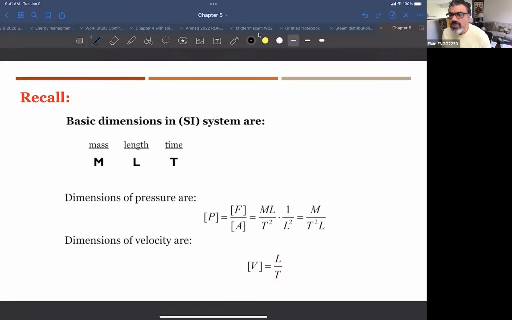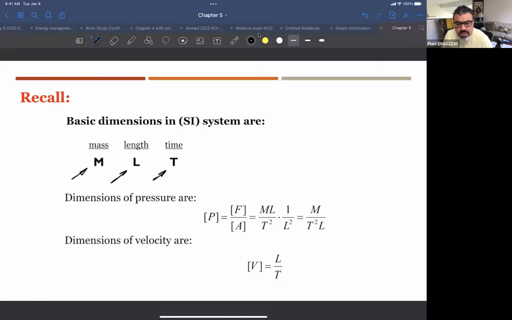So I hope you still remember dimensions, right? In SI units, we know there are three basic dimensions: M for the mass, L for the length, T for the time. Right, so we know that, right? And we know that those are the basic dimensions. I hope this is very straightforward.